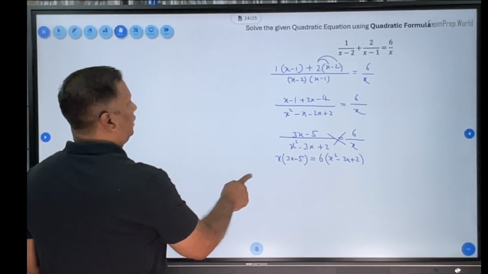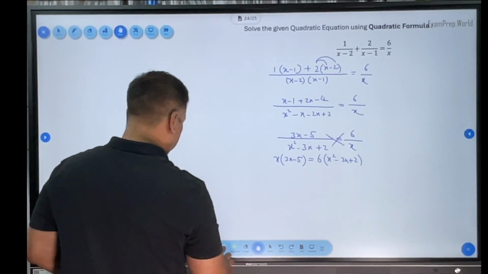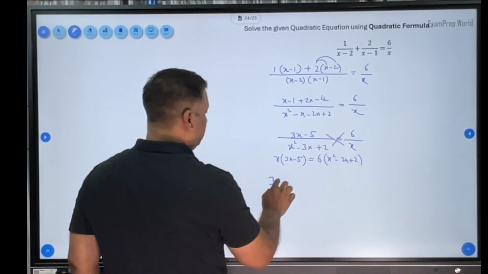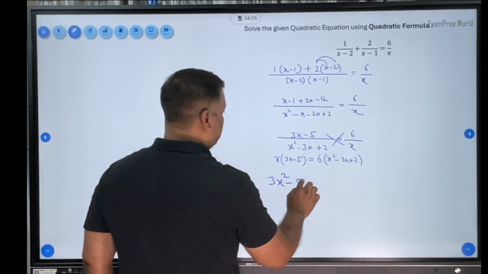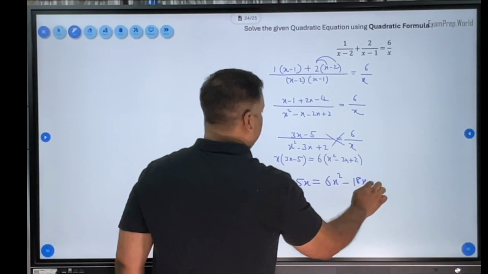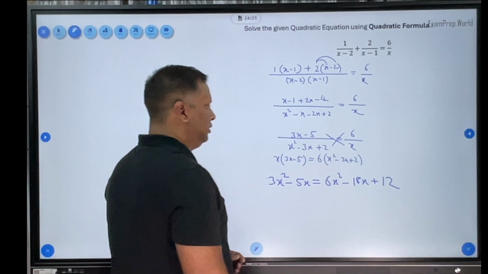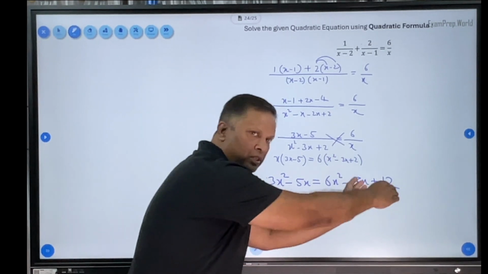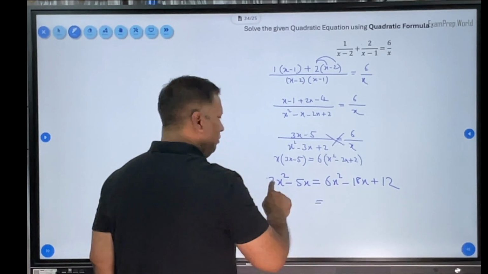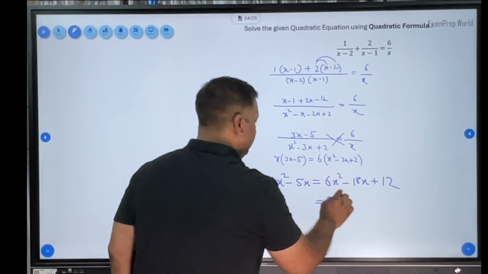Now let's solve this. So it is x times 3x is 3x square minus 5x is equal to 6x square minus 18x plus 12. Can I get all these terms on the right side? So I will have 6x square minus 3x square is 3x square.